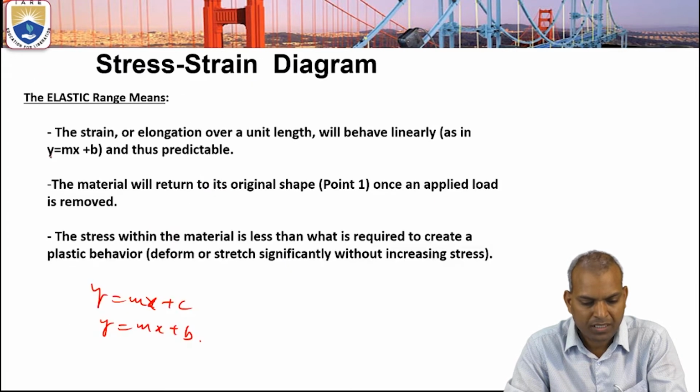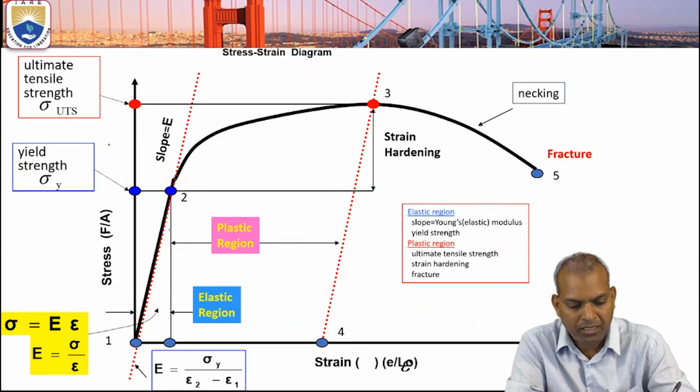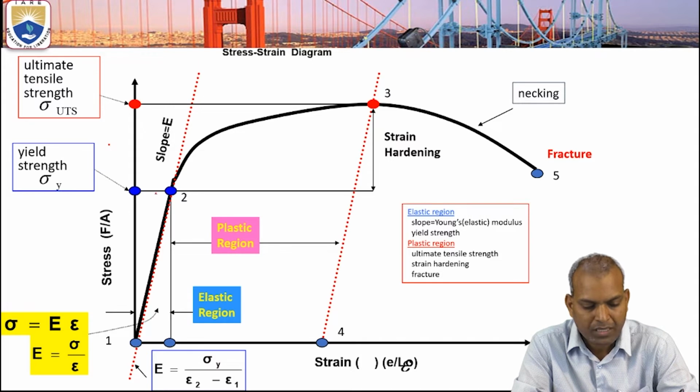Again, in this figure, at point 2, if the material is stressed and then unloaded, it goes back to its original shape, to point 1. That is the yield strength, or the elastic region, elasticity.